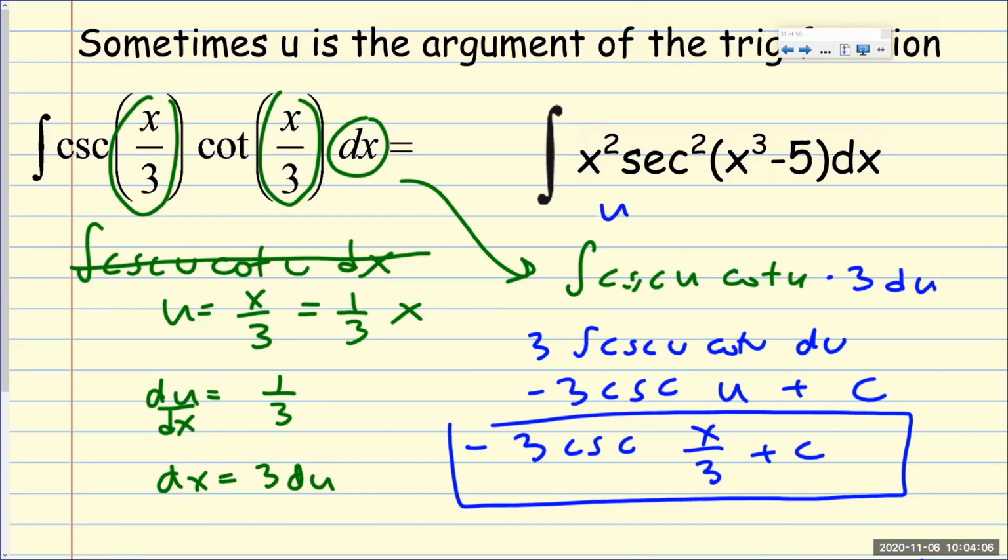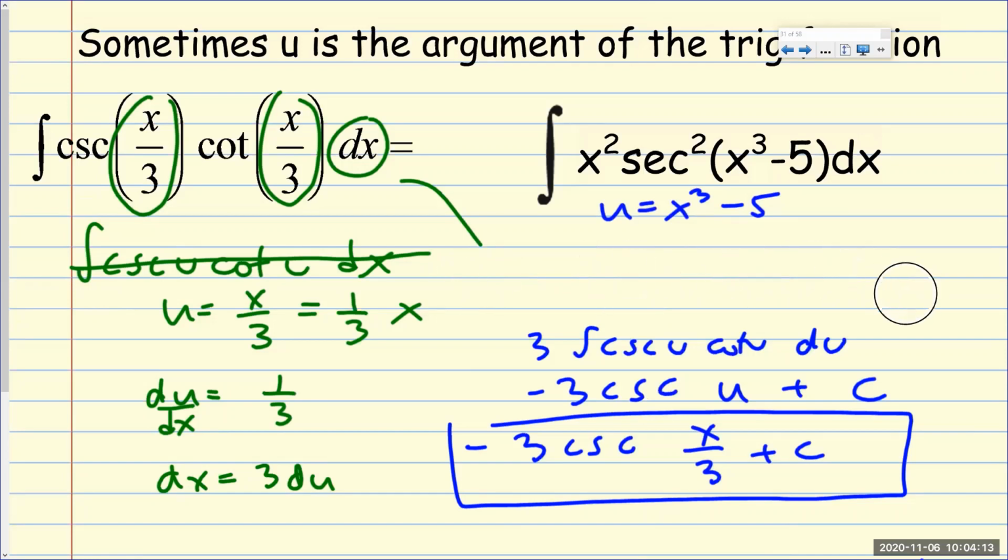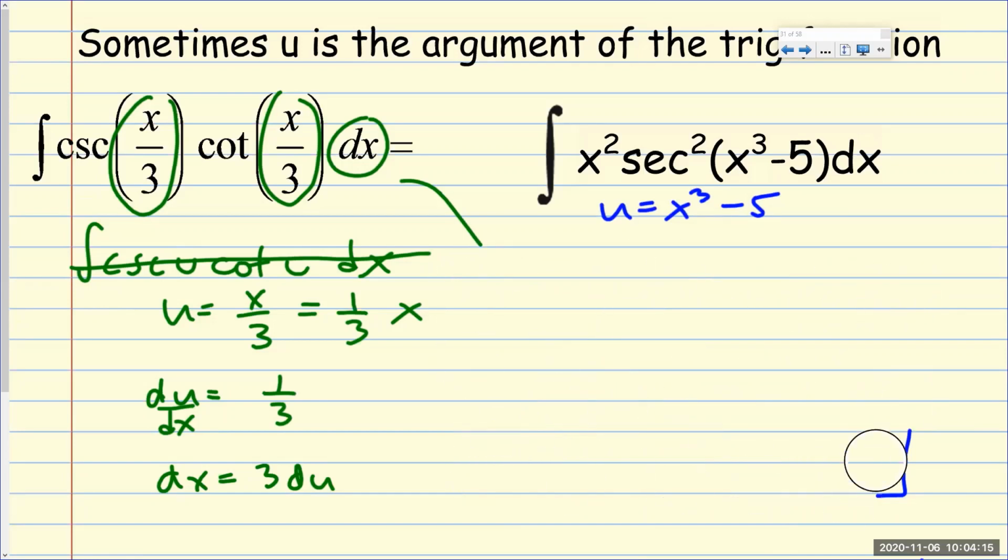Go ahead and try it. Make your u equal to x cubed minus 5. Take the derivative. Do your u substitution.